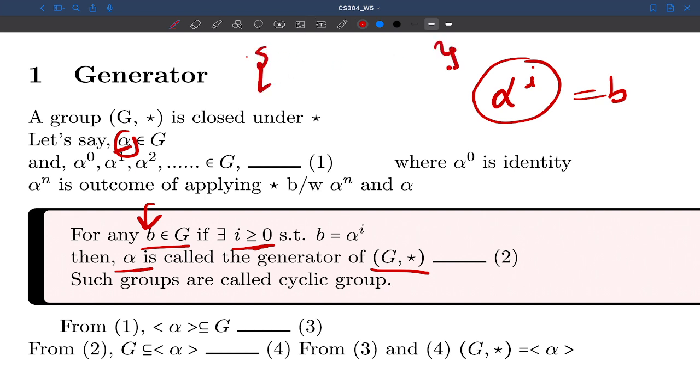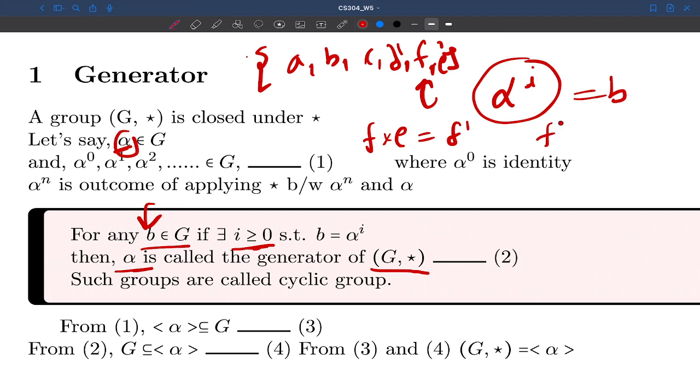Let's say I have a set A, B, C, D, E, and I took F. You may confuse it with the identity element, so let's take it as F, and the identity element is E. Now let's say F is any element from this group, and I am applying F on identity, I'll get F1. Then I'm again applying F on this, I'll get F2. Then again, I got F3.